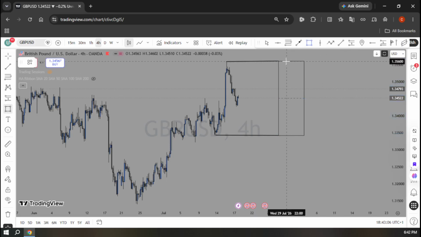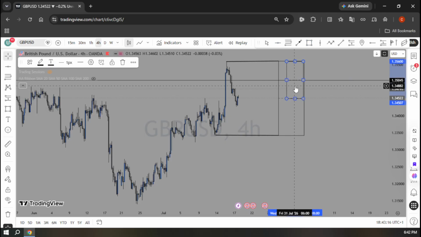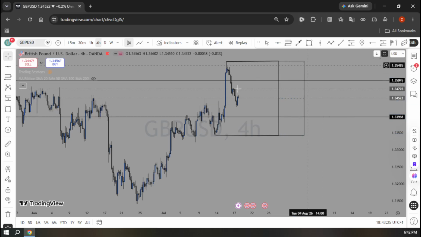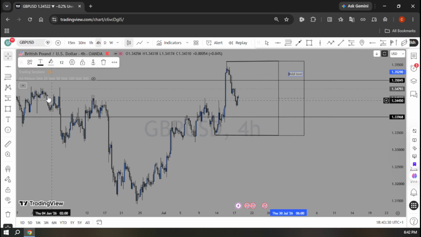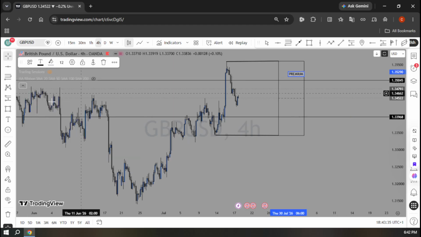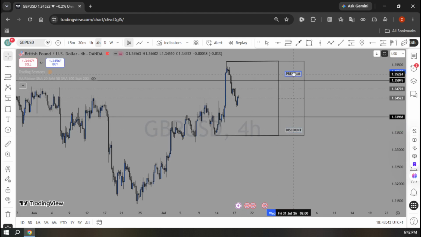So I would apply this right here and get the midpoint of it, and I'd still do that same thing again and apply this here. So this is my premium and this is my discount. This is my discount pricing and this is my premium.